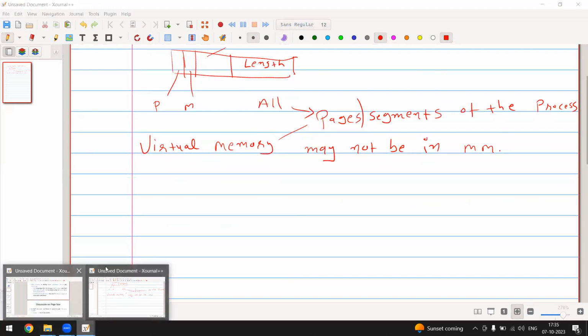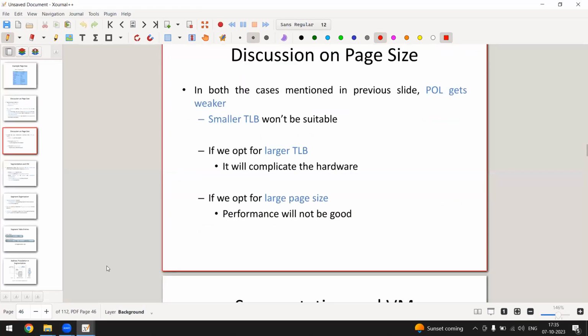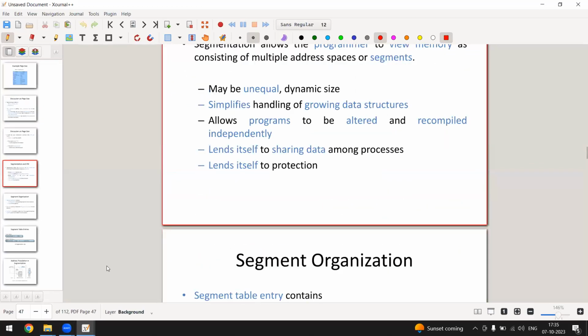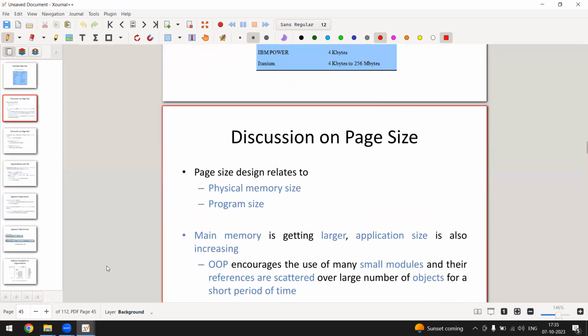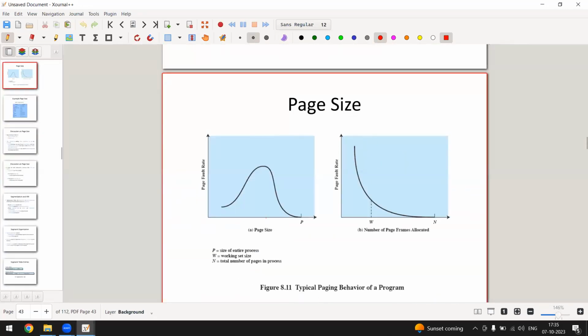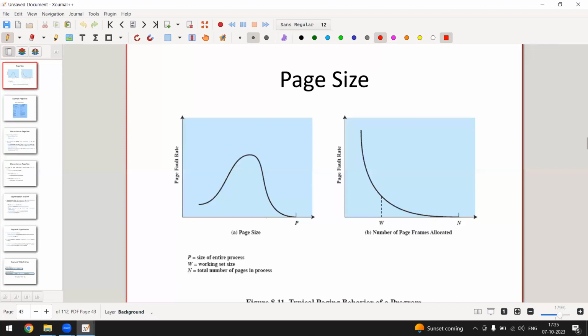After that, we have seen a relationship between page size and page fault rate. We have seen that as the page size increases, the page fault rate will also increase, and it will saturate at one point, and later on it will start decreasing and reach 0 when page size is equal to process size.